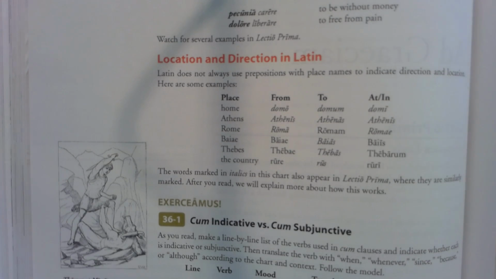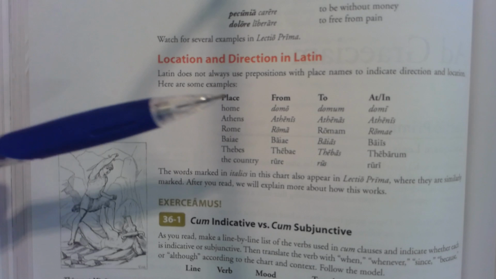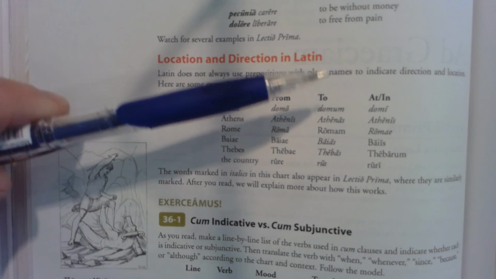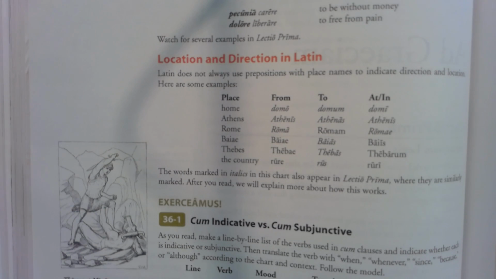All right, so for instance, you see domo, from home, domum, to home, domi, at home. Okay, so this is a special word. There are very few like this. You see the one at the bottom, the country, is similar in its pattern. You can see rure, rus, ruri. Okay, in the country, ruri.